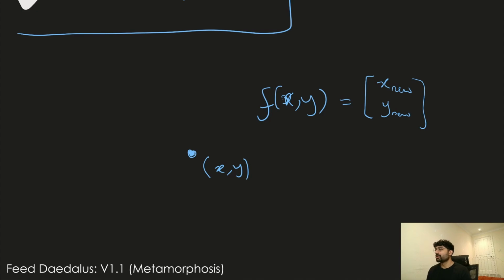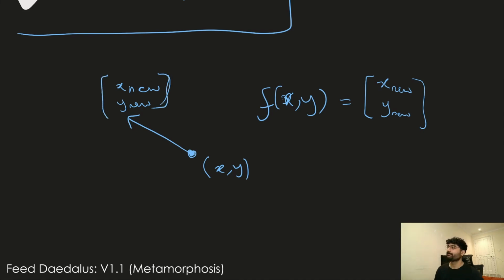What we're doing to each of these points is moving the original point, x, y, to some new point, x new, y new.